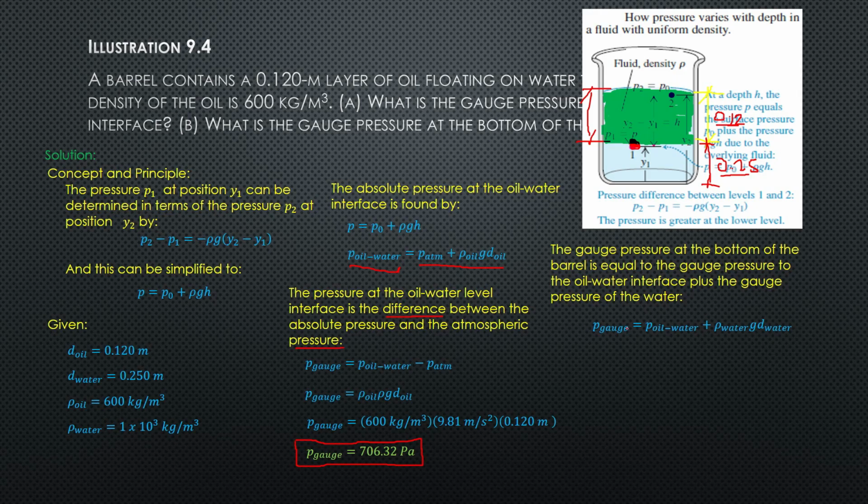That gives you 706.32 Pascal for the oil-water interface plus the density of water, acceleration due to gravity, multiplied by the depth of the water, and that gives you a total of 3158.82 Pascal. So this is the gauge pressure at the bottom of the barrel.